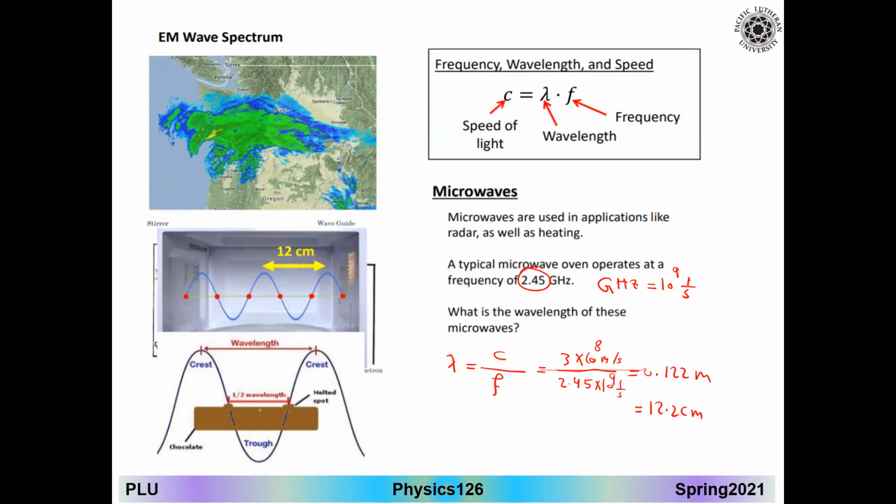You can measure that: if you put a piece of chocolate in your microwave and heat it, you can see the heated points in your chocolate are 2 points, and basically what we have here is half of the wavelength, so half of 12 centimeters. That's why in microwave you see the food rotating. We put the food inside and it keeps rotating across the standing wave, so it heats all the parts around.